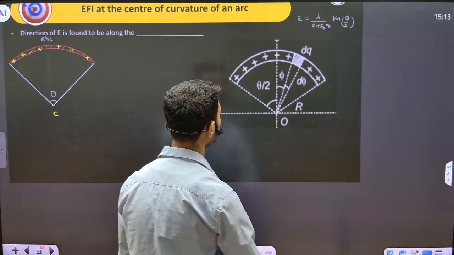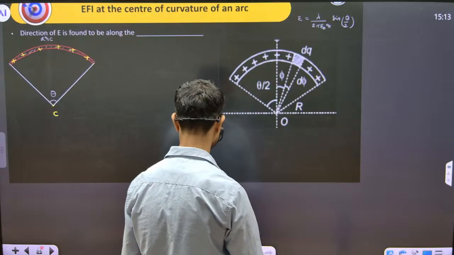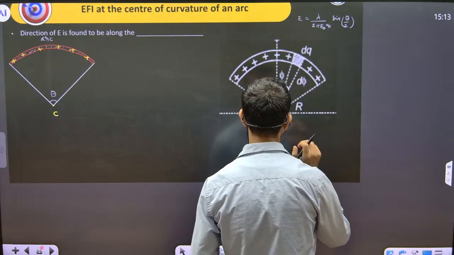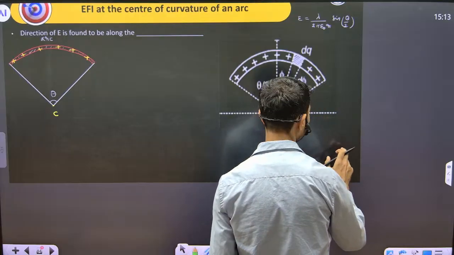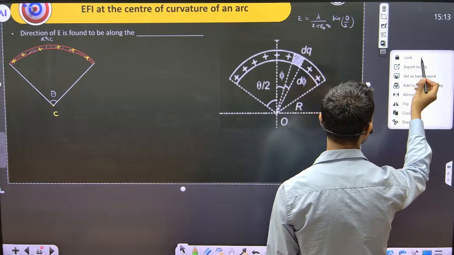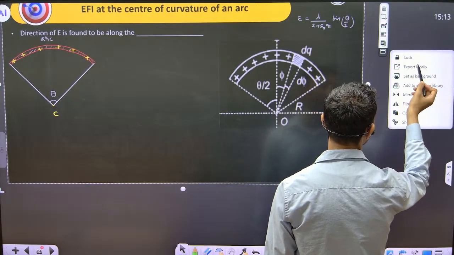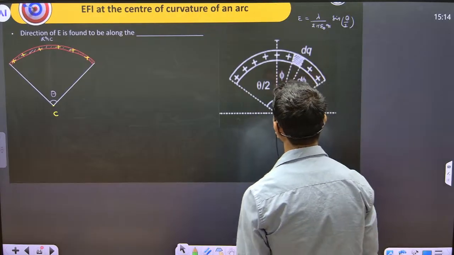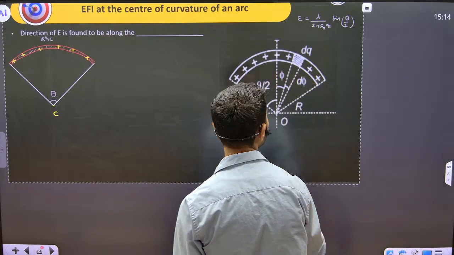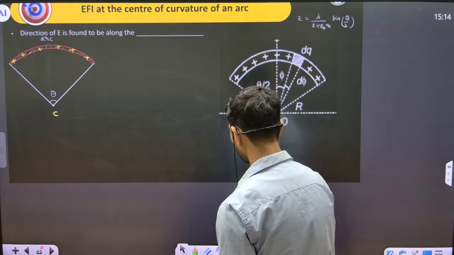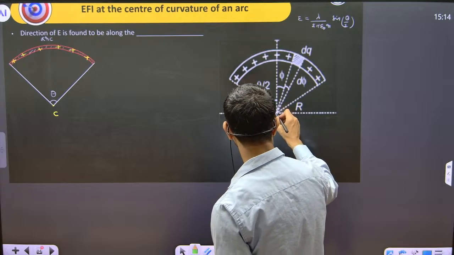And now I'll fix it again. I'll lock it. Okay. So let us find out the electric field at this point. Okay.